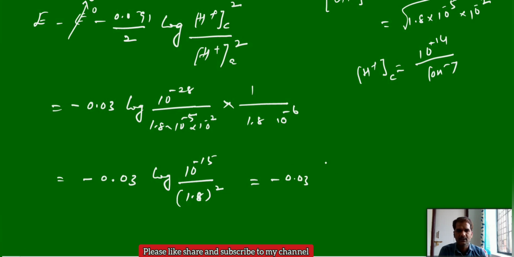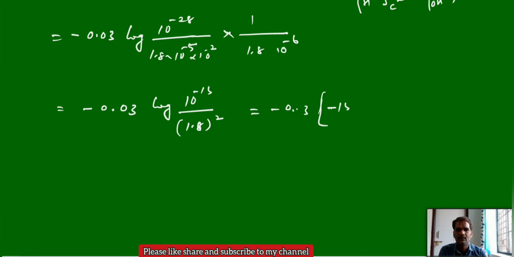Now log 10 power minus 15 means minus 15, and log 1.8 squared, taking directly, is 2 into 0.25. Now you substitute and simplify these values.